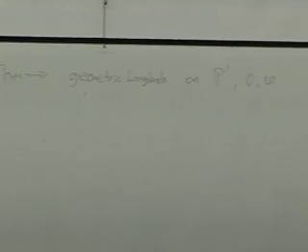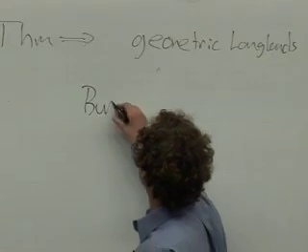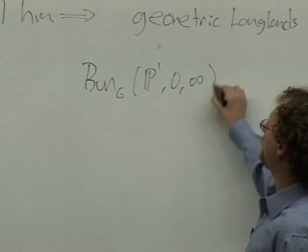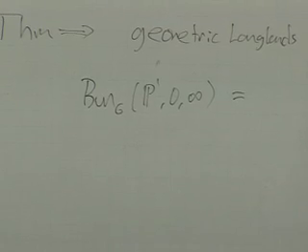So what's the point? If I look at this moduli space of G bundles on P1 with parabolic structure at 0 and infinity, this looks like the loop group.